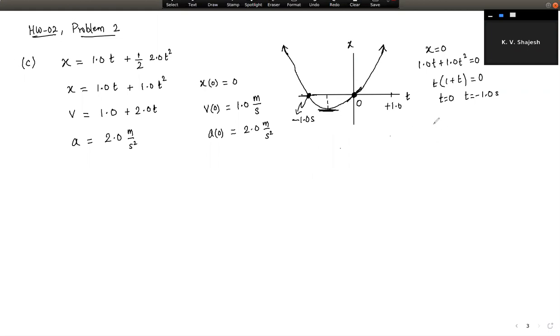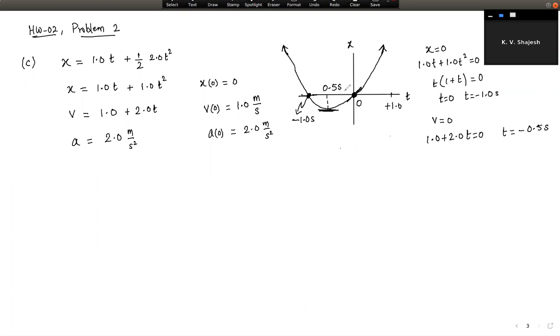So we set 1.0 plus 2.0 t equal to 0. That implies that t is equal to minus 1 by 2, which is minus 0.5 seconds, which makes sense. If this is symmetric, this should be exactly in between.